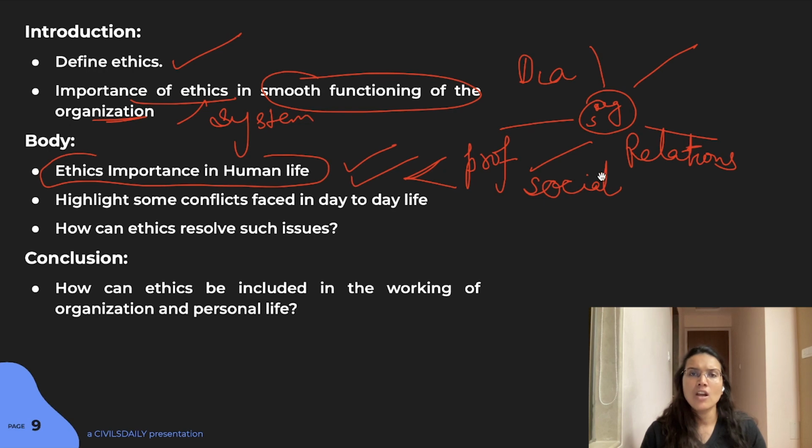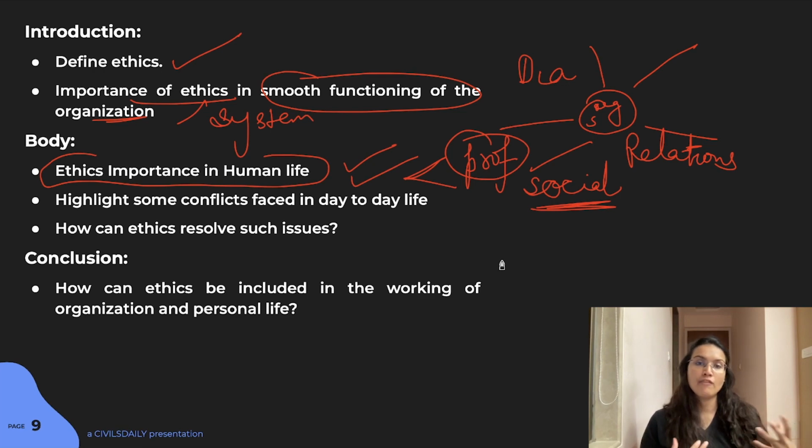How can it improve your relationships? You can be more loyal, more faithful, more understanding. When talking about profession, you can talk about integrity, accountability, dedication to services. When talking about society, you can talk about reformation and how you can positively contribute, which ethics teaches you. So multiple angles you can cover here with respect to human life.